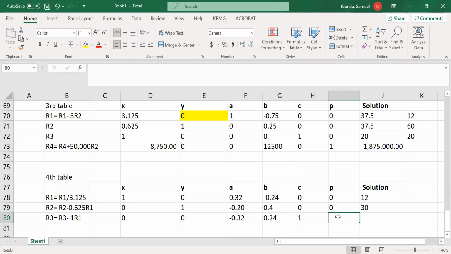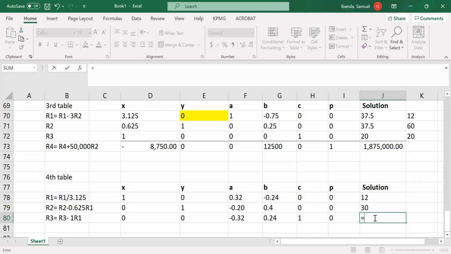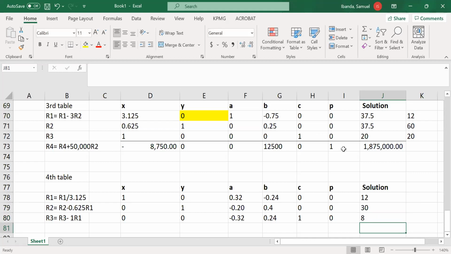Here we have 0, 0, 0. So this will be 0. And then when it comes to the next one, 30, R3 will equal, remember we have 20 up here. Our old R3 is this, minus R1, which is 12, or 1 times 12, which gives you 8. So that is what you basically have.